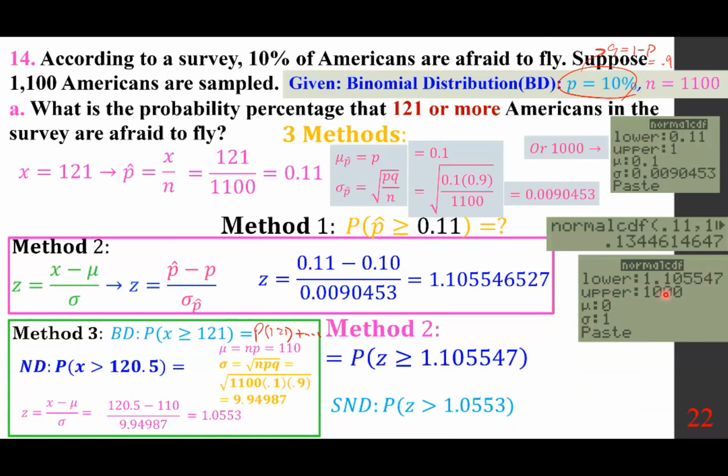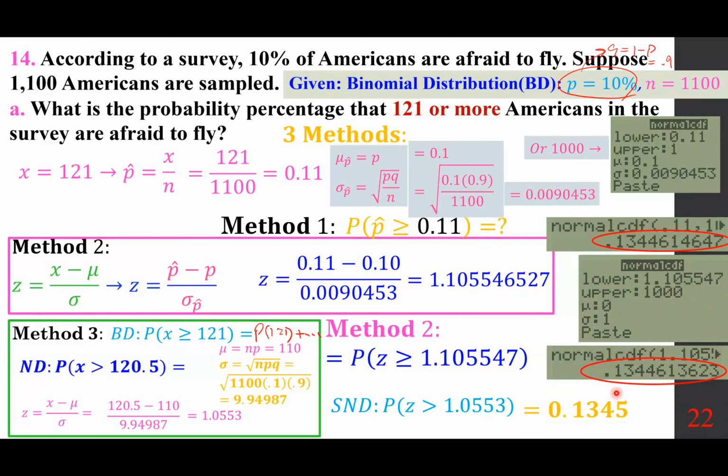This one you must use 1,000 or 10,000, or even 100 might do the job. And this is the answer. Now take a look at this one, and the final answer with 4 decimals is 0.134. This one is 4, next to it is 6, we take it up to 5. And they all give you the same answer. So I wanted you to be exposed to different methods here.